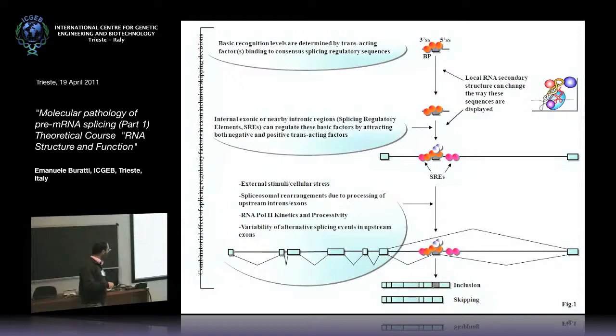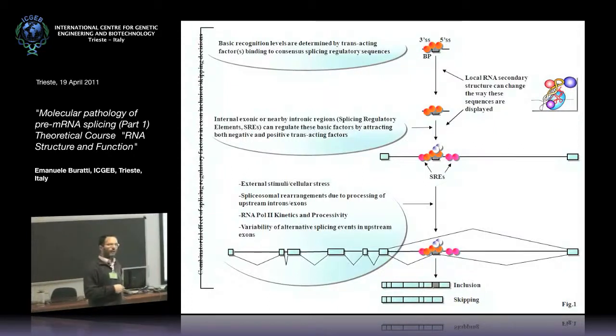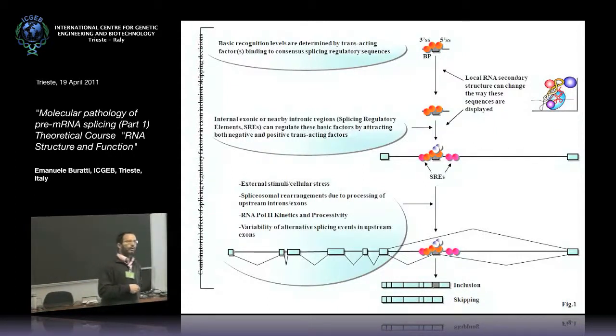So basically, because the process is so complex, it is really not very surprising that a lot of splicing mutations end up connecting with human disease.